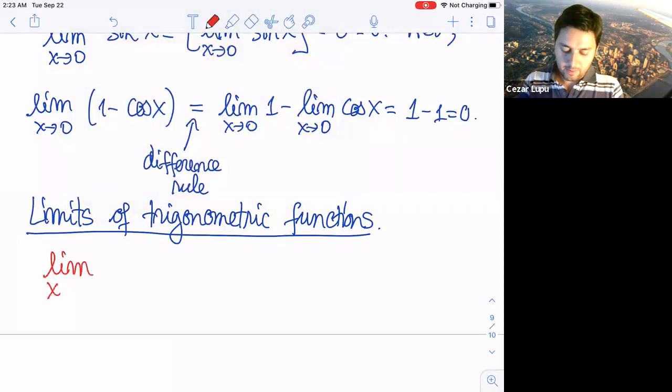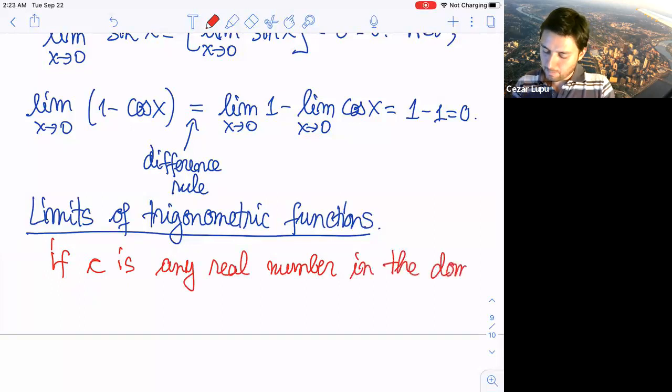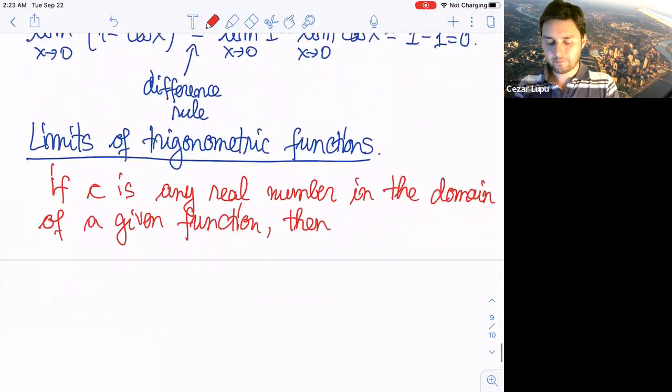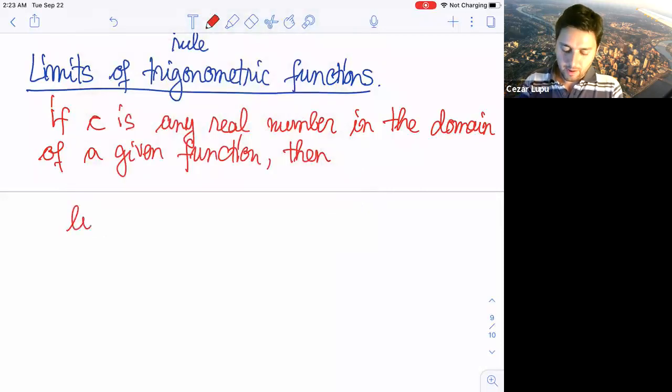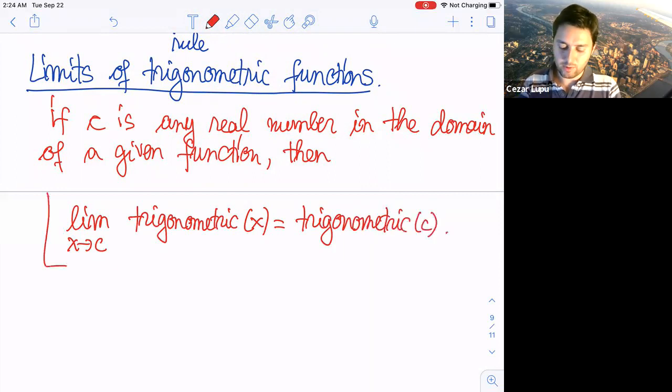If c is any real number in the domain of a given function, then the limit as x approaches c of trigonometric of x will be trigonometric of c. That's what you need to know.